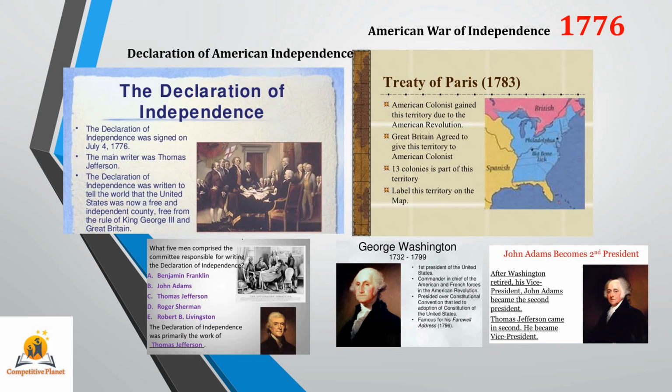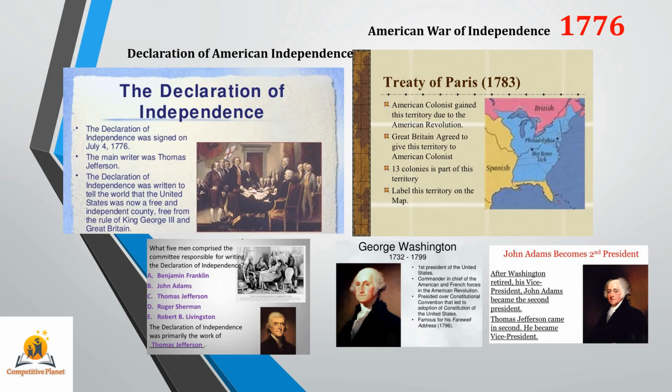Previously I said the 13 colonies were part of British territory, and these 13 colonies were freed and it was signed by the Treaty of Paris in the year 1783.